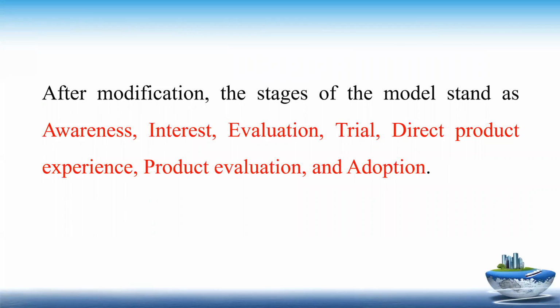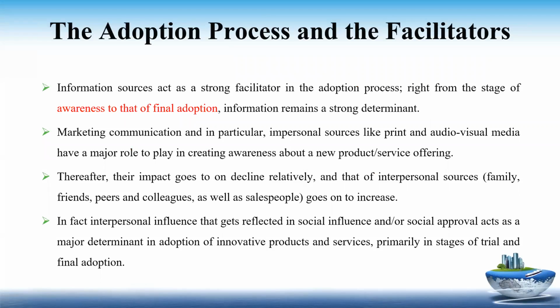So after modification, the stages of the model stand as awareness, interest, evaluation, trial, direct product experience, product evaluation, and then adoption. In the adoption process, the information source acts as a strong facilitator. Right from awareness to final adoption, information remains a strong determinant.